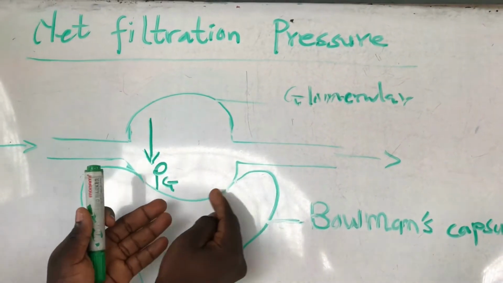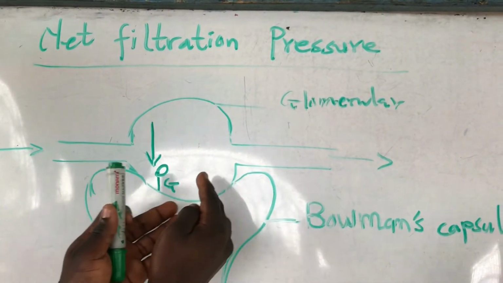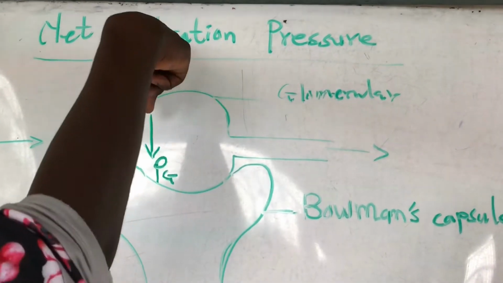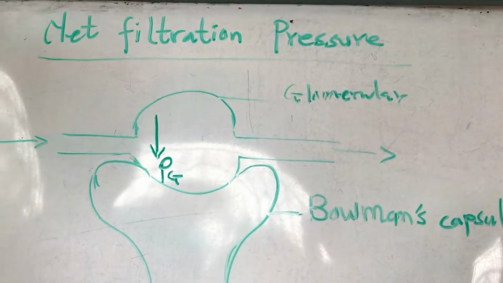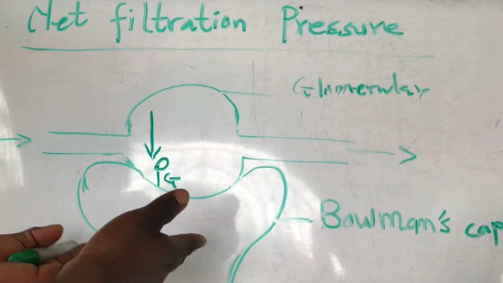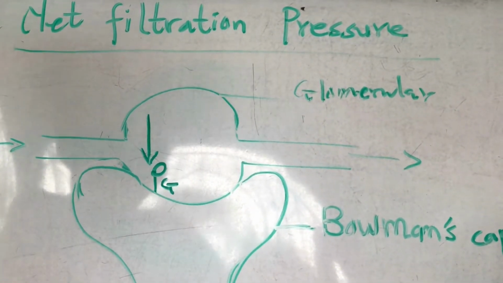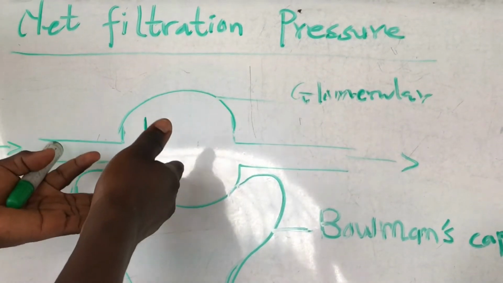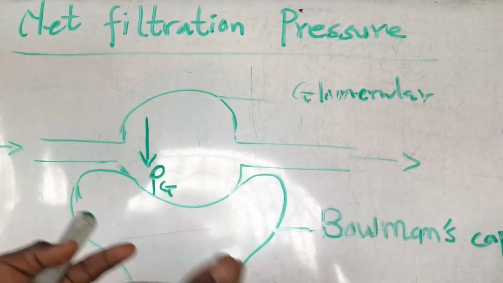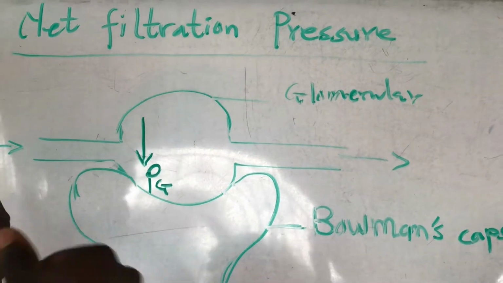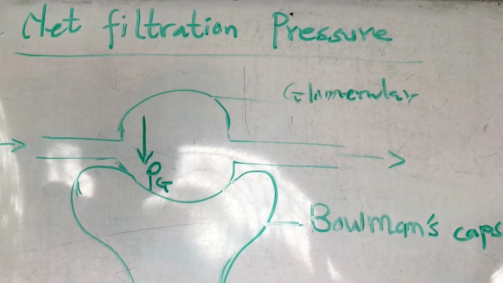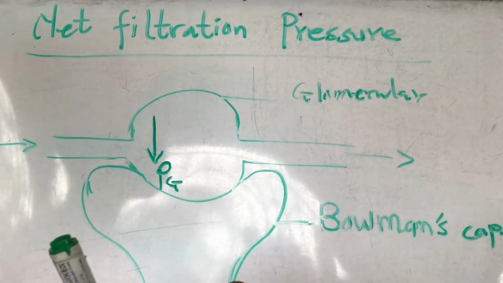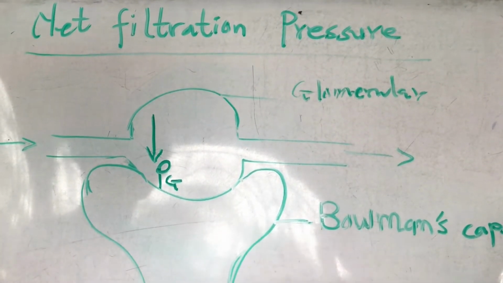There are fenestrations in the glomerular capillaries, so it pushes the fluid there so that it can be filtered. Looking at the Pg, the hydrostatic pressure in the glomerular, it tends to promote filtration.